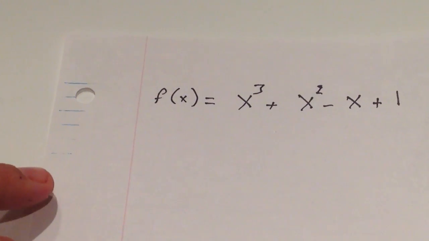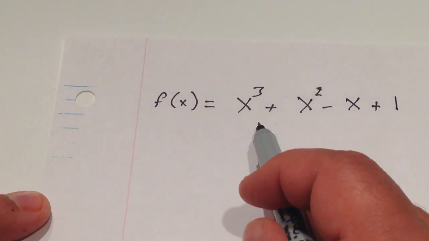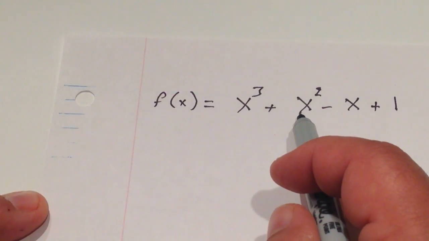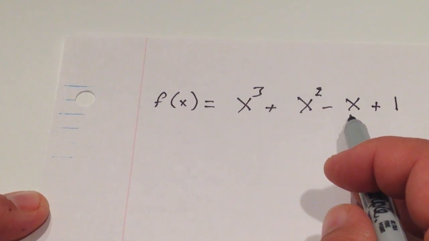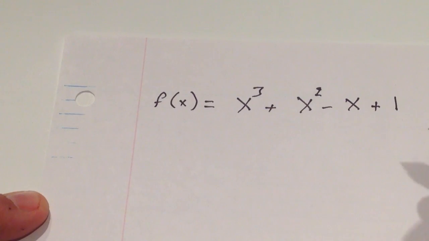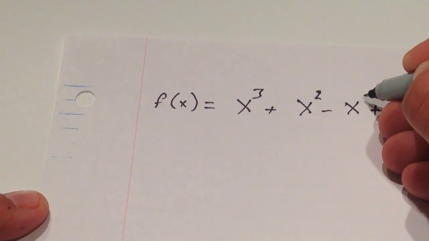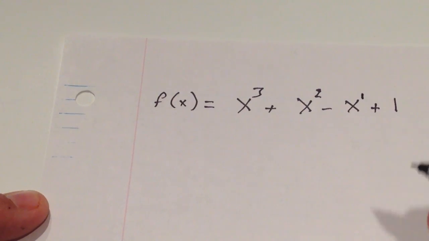Let's solve another problem. If we have a function that is equal to x power cube plus x power 2 minus x plus 1, and of course here, since we don't have anything, that means the power is 1.